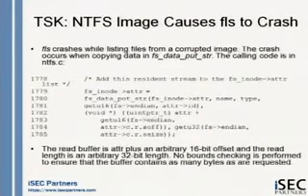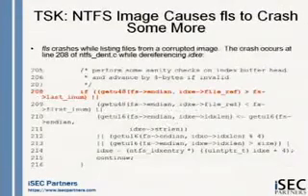So, we're copying data in fsdata put str in ntfs.c. The read buffer is attr plus an arbitrary 16-bit offset, and the read length is an arbitrary 32-bit length. So it's possible to read 32 bits worth of stuff out of 16 bits worth of stuff, which is obviously not going to work if the number is too big.